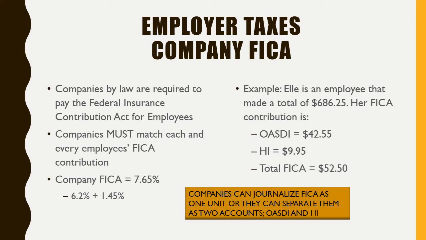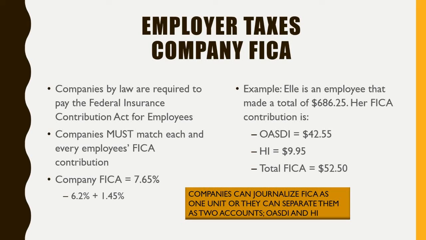Now, you can either have it combined or you can have it separate, okay? So in this case, if you were to calculate company FICA, right, if you combine Social Security and Medicare, it would be a total of 7.65%. Now, of course, you can also keep it separate as well if you want to.